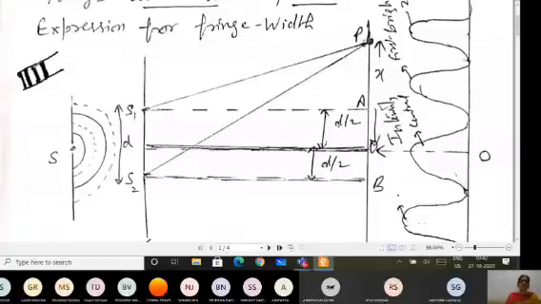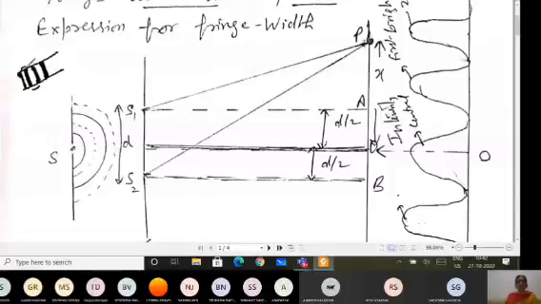The distance between two consecutive bright fringes is termed beta, which is the fringe width. So fringe width, that is beta, is the distance between two consecutive bright or two consecutive dark fringes.